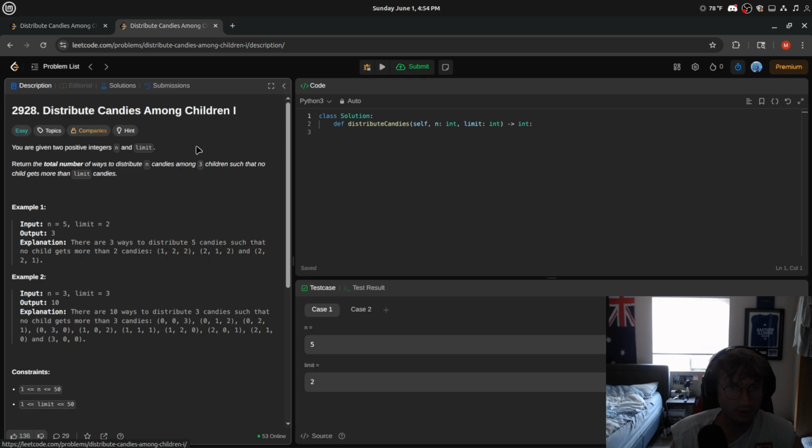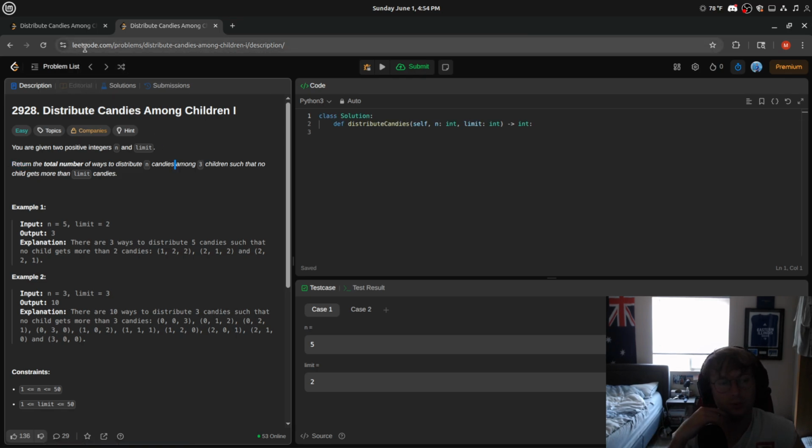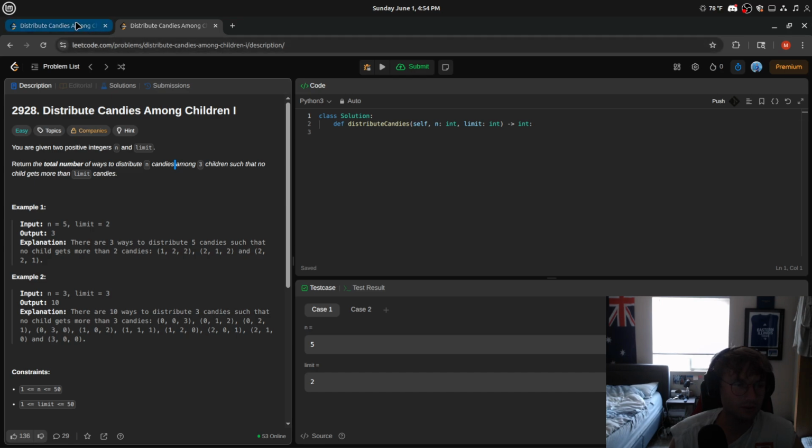We haven't done number 1. Let's do number 1 and then do number 2. But what is the difference? 2 children and a limit. Is it the same question then? No way. The constraints are bigger.